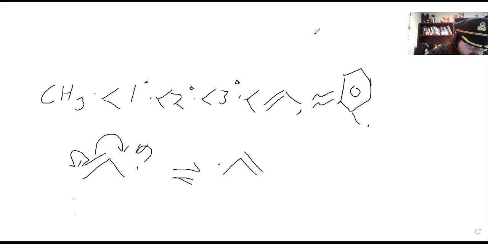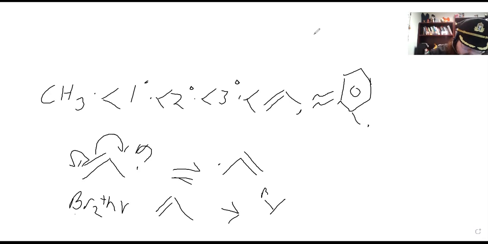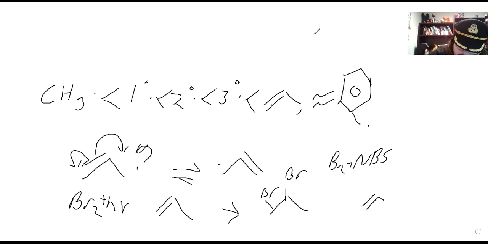So if I did just Br2 plus h nu, what we're going to get is, sadly, the dibromide. But when I add Br2 and NBS, that's where we get the allylic radical.